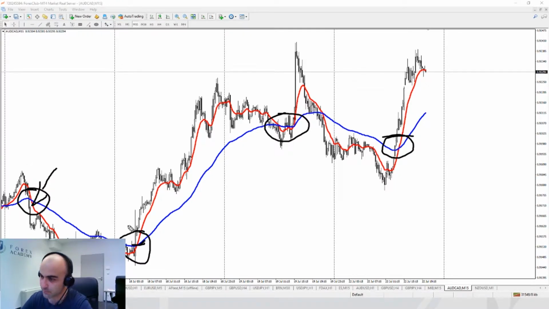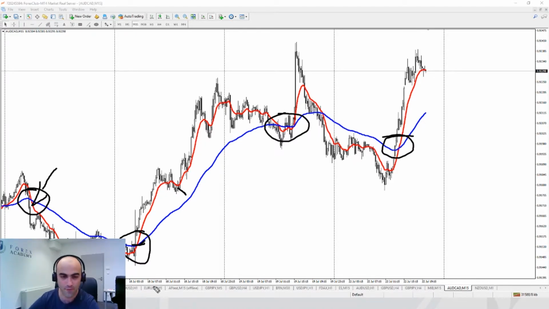Also here, second concept, divergence and convergence, when the averages are diverging and converging, like in this case. Converging is very important to understand because it might be possible that there's going to be a crossing point since they're coming closer together. However, when we see divergence, it is also very important to analyze because in that case, it might be possible that the trend is going to keep moving in that direction, and that's what a trend following trader is hoping for.